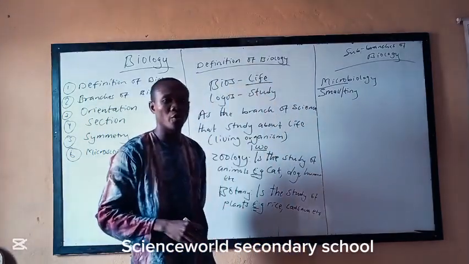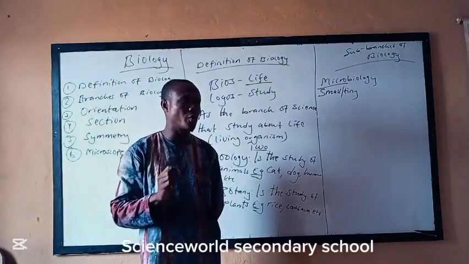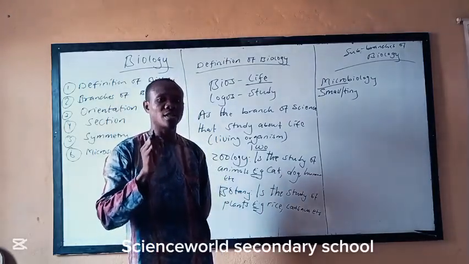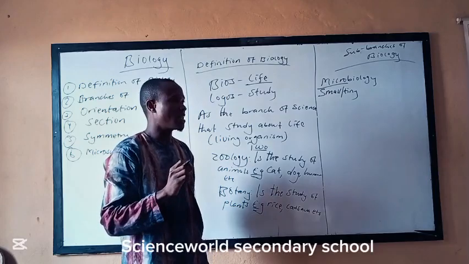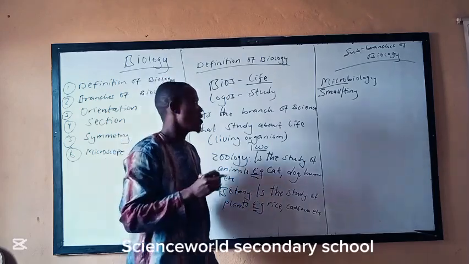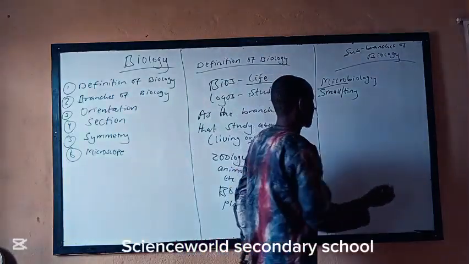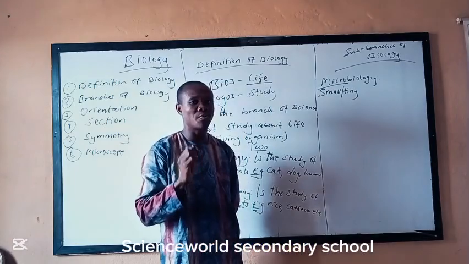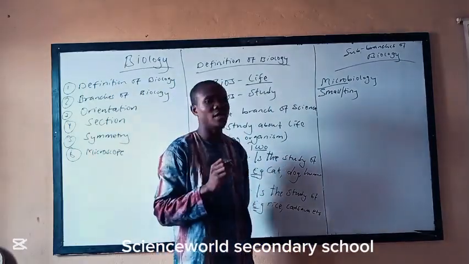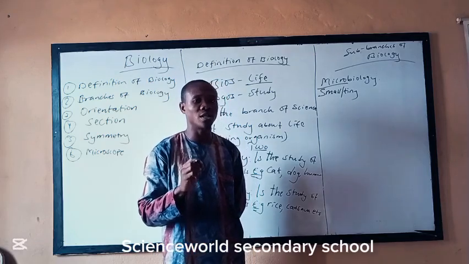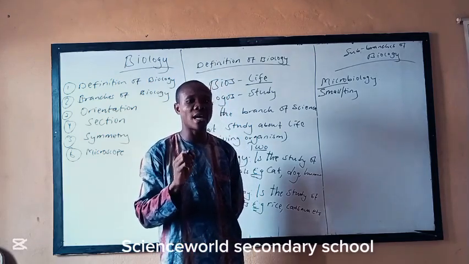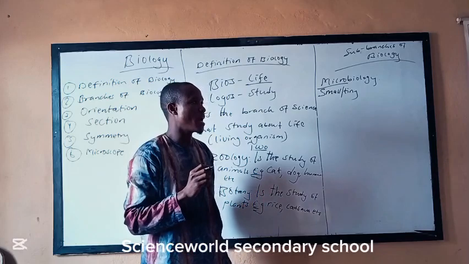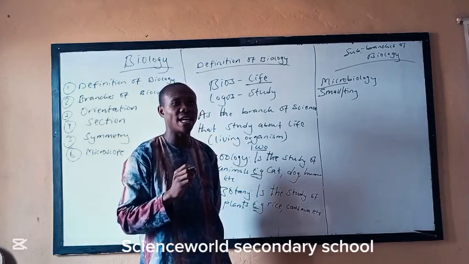So microbiology is a branch of biology that studies tiny organisms that we are unable to see with the naked eye. Let me repeat it again. Micro means small. So microbiology is the branch of biology that studies tiny organisms which we are unable to see with the naked eye.